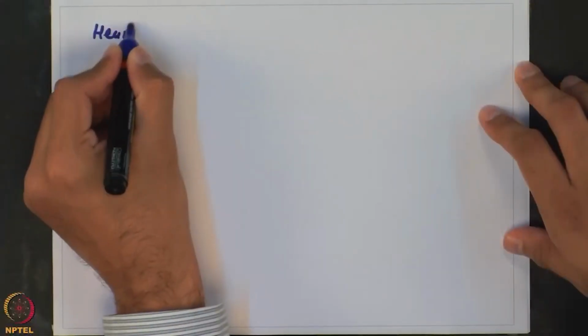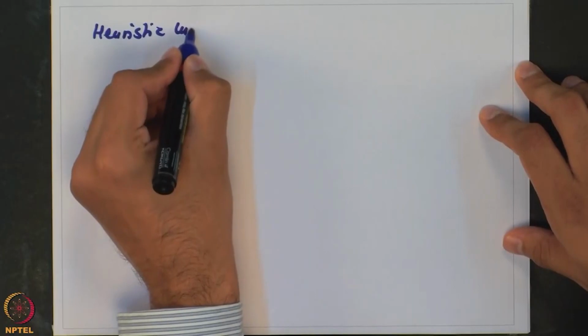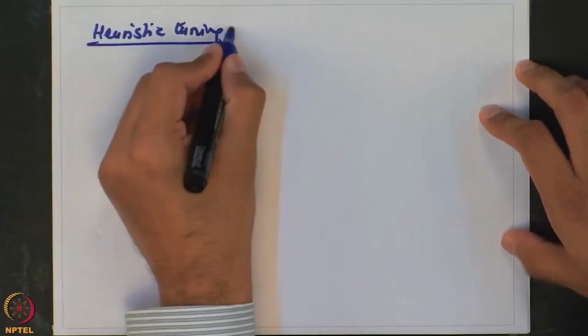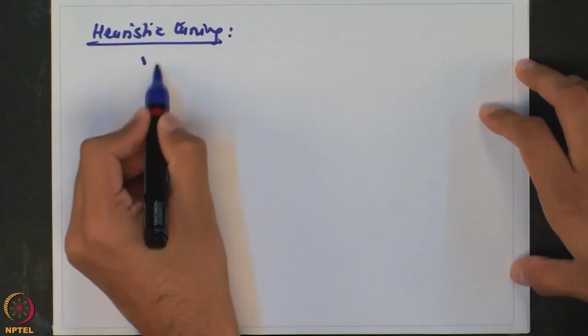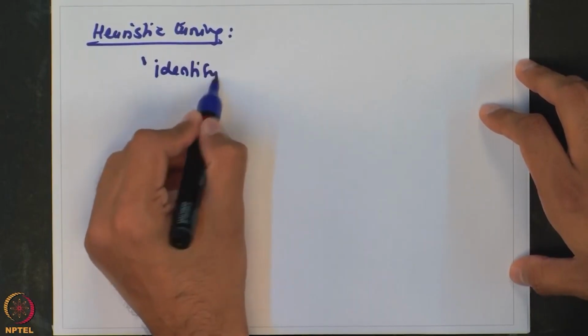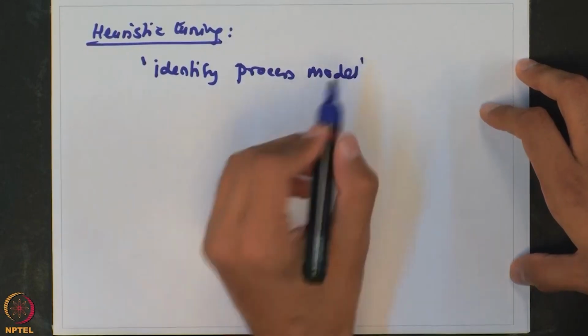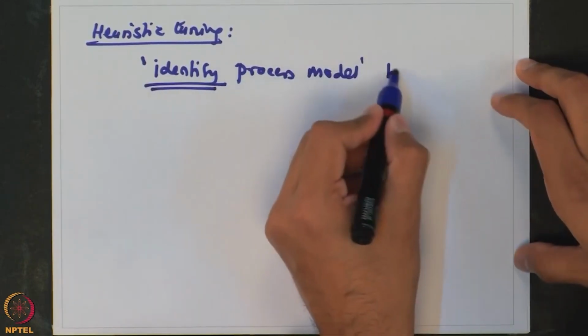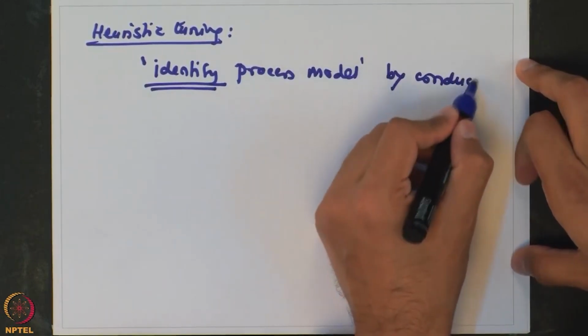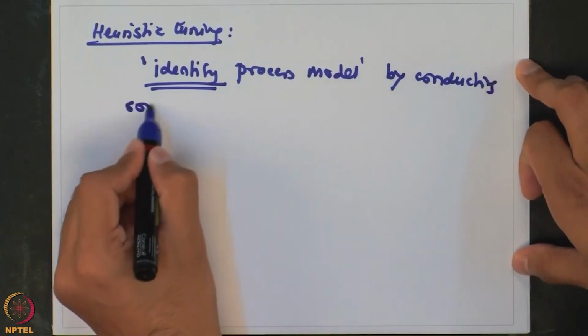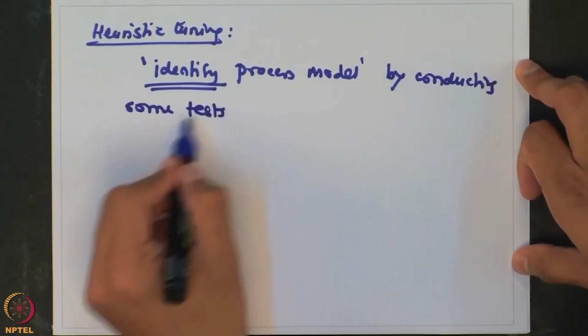So in heuristic tuning, what you want to do is identify the process model by conducting some tests.